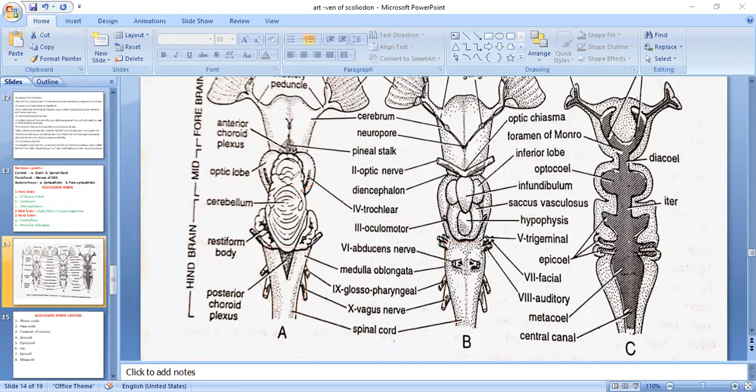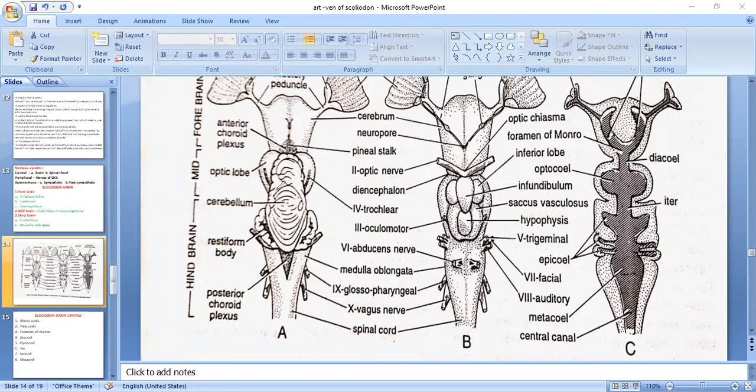And then here this part is highly folded, it extends from the diencephalon and also covers some part of the medulla oblongata.